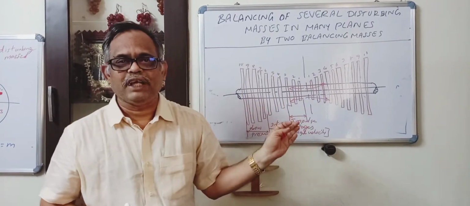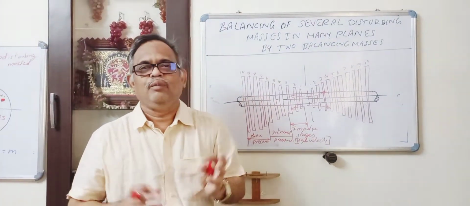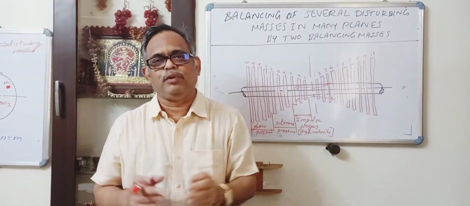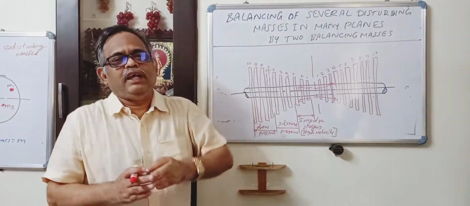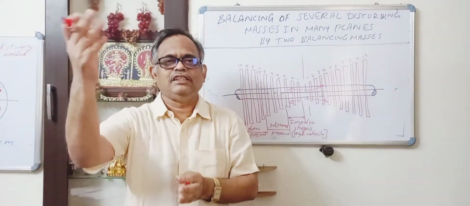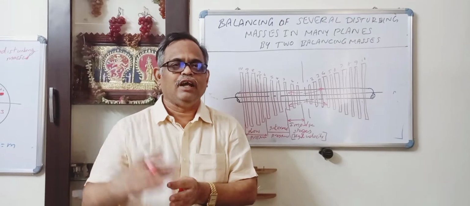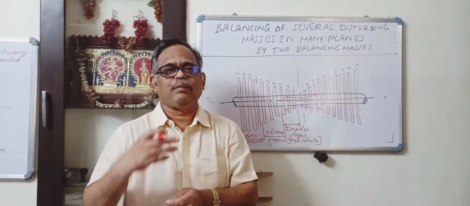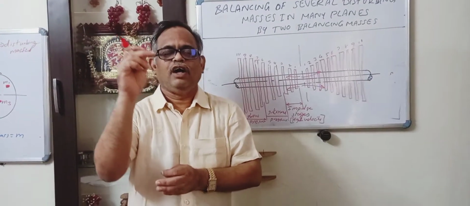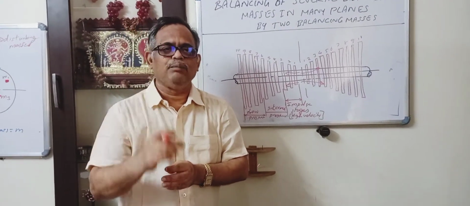This will be the extreme or ultimate case where balancing is very, very difficult, and it is generally done on a computer. Normally, if you take car wheels, all of you would have seen balancing of car wheels in workshops. In that case, you would have seen small masses inserted between the tire and the wheel rim.